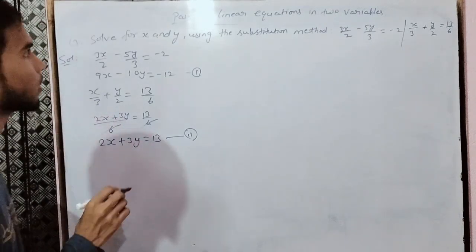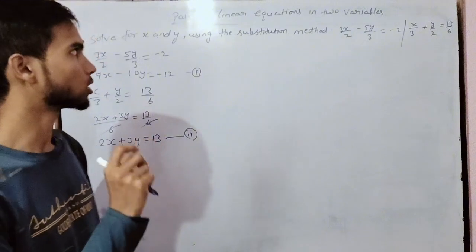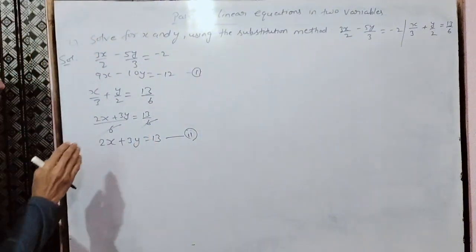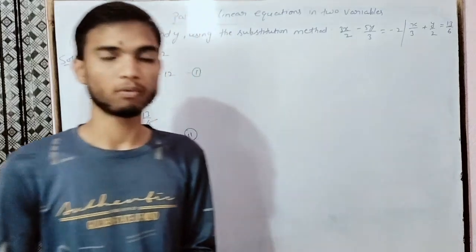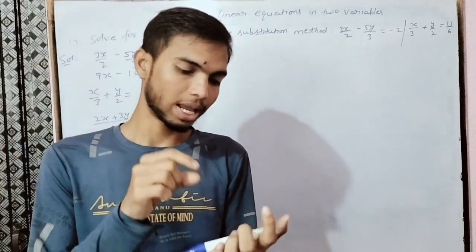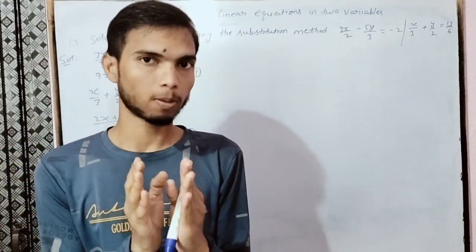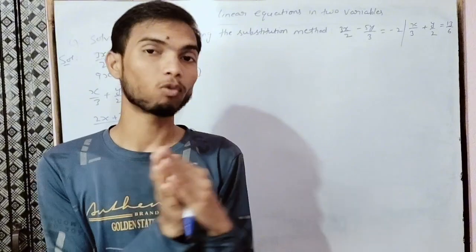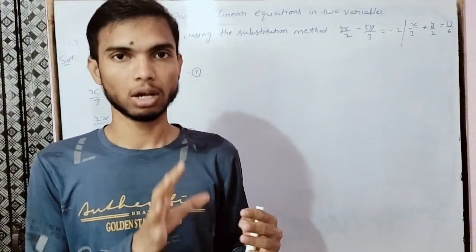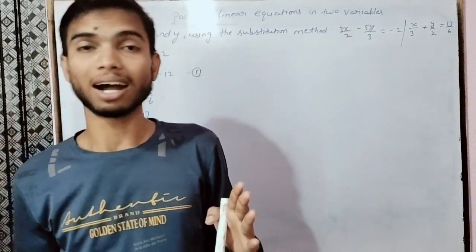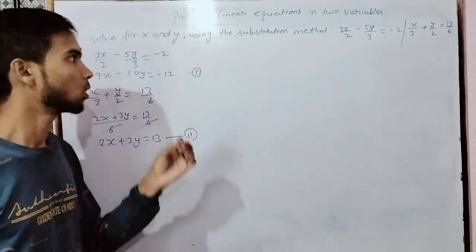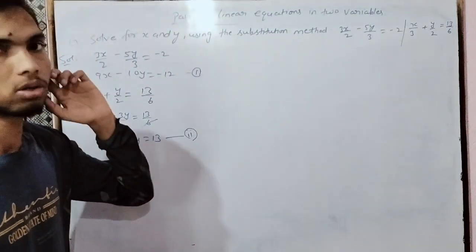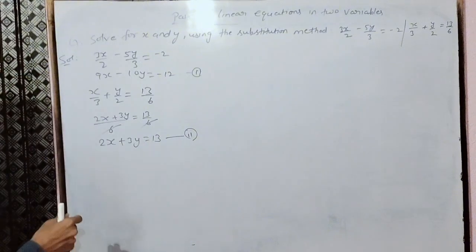Now from here we are applying the substitution method. First of all, we will find the value of one variable. We will put only one variable on one side, and everything we will shift to the other side. That is how the substitution method works.